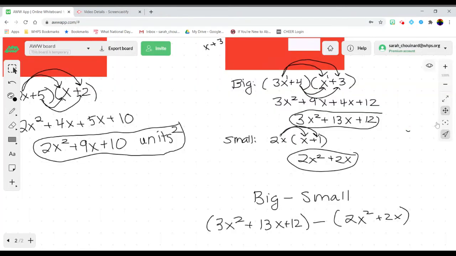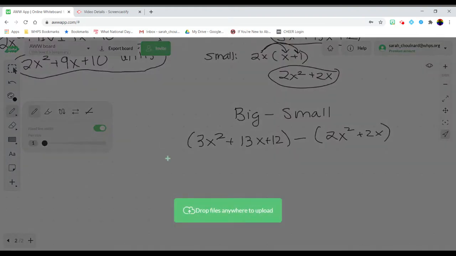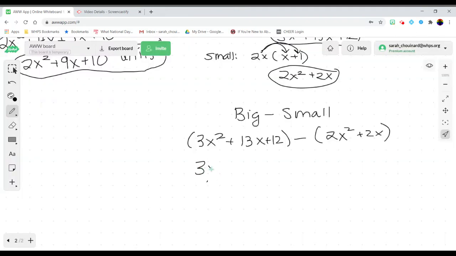And so you'll remember that to subtract polynomials, we keep the first polynomial the same. Then we change it to addition, and we flip all of the signs. So this becomes negative, this becomes negative. So minus 2x squared minus 2x.